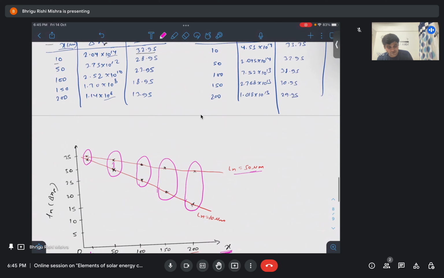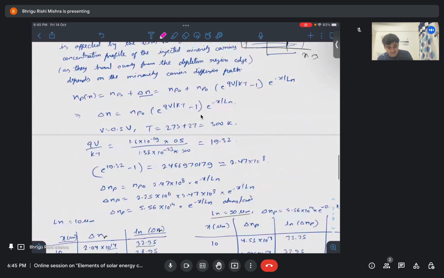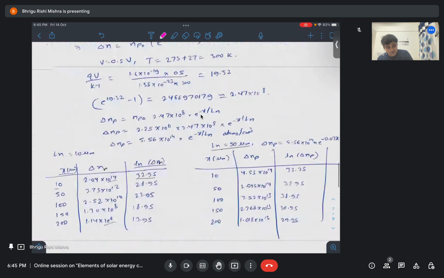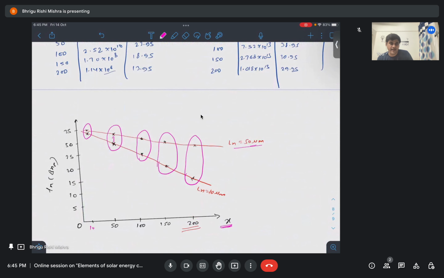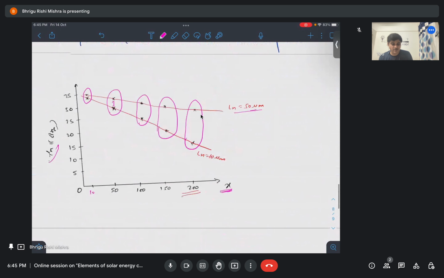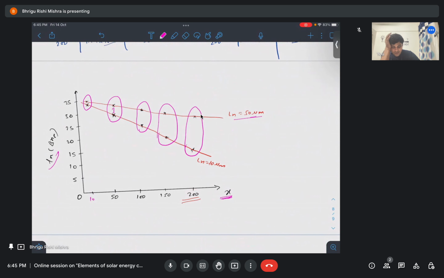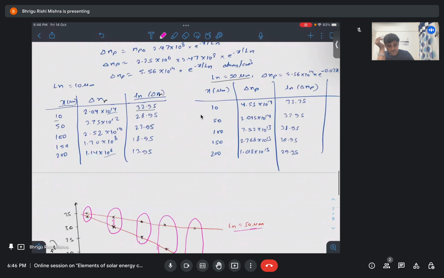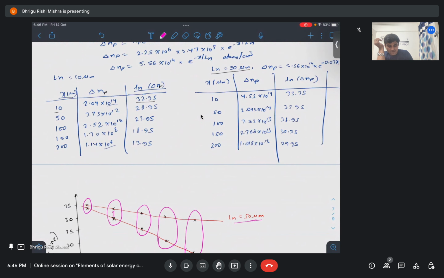So I guess if you plot the same thing for 200 micron, you will probably get a flat line, or the difference will be very small. Also please remember that this is in logarithmic scale, not the normal or linear scale. If you plot in the linear scale, you need a very big scale, because the difference is very large.